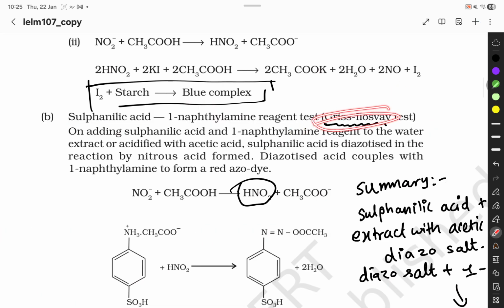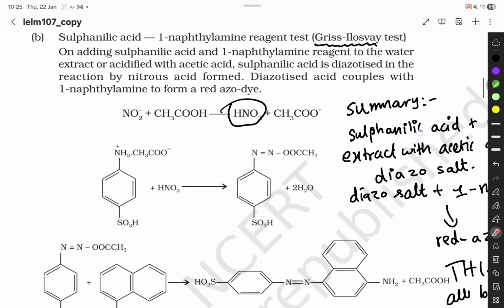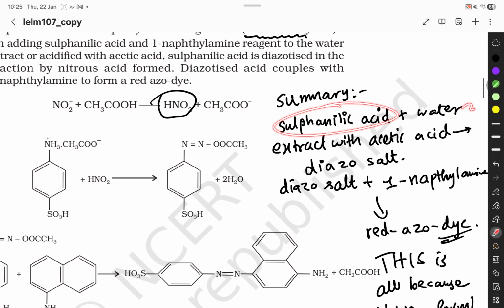In the Griess Ilosvay test, which uses sulfanilic acid with naphthylamine, first sulfanilic acid plus water extract with acetic acid forms HNO2.